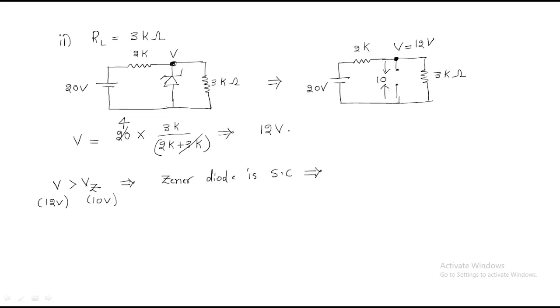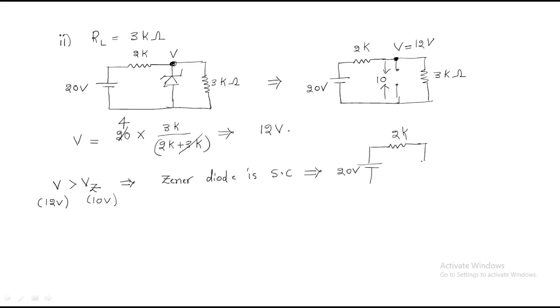Whenever the GNR diode is short circuited, automatically some current will flow. To find that current, the GNR diode circuit becomes like this. This is the 20 volts and 2k.